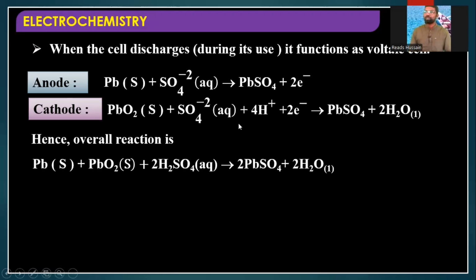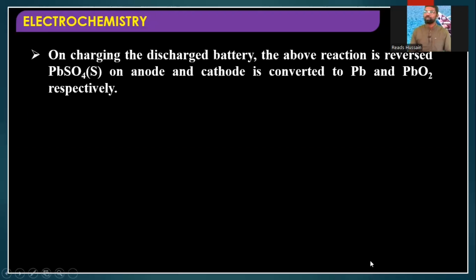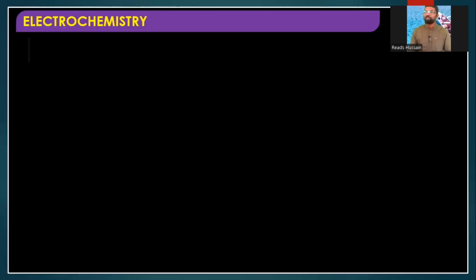See this reaction. How many sulfuric acid molecules are there here? 2 H2SO4. How many electrons are involved? 2 electrons. So for one sulfuric acid, 1 electron. That's the reason we use 98 by 1 here, not 49.